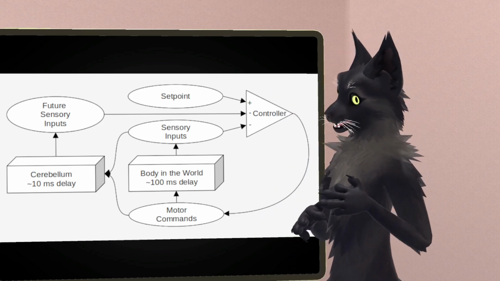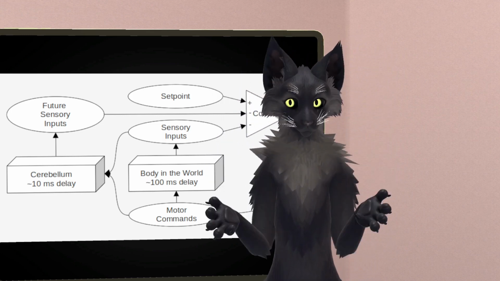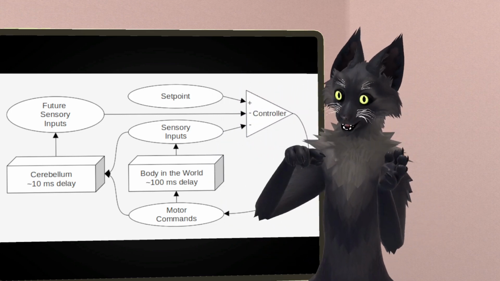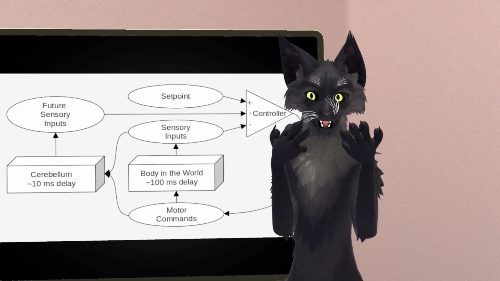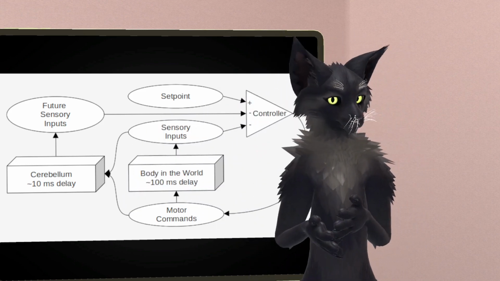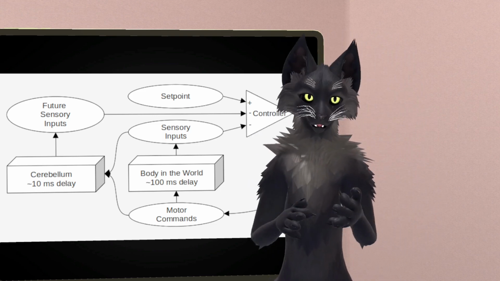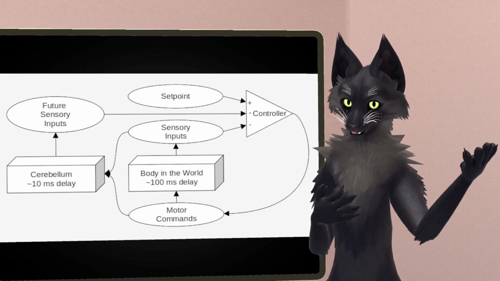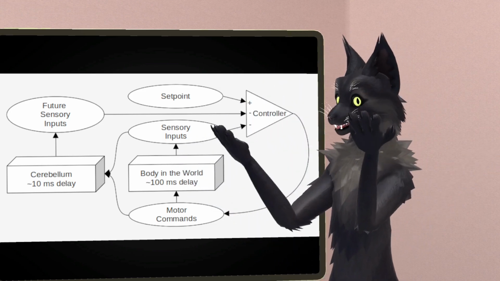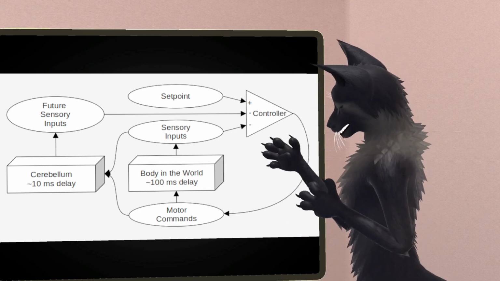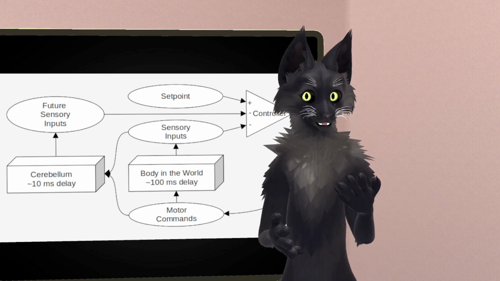Another interesting thing about the forward internal model hypothesis of the cerebellum is that it's very easy to understand how the cerebellum can learn this internal model in the first place. The cerebellum learns as long as you're awake. It's receiving a steady stream of sensory and motor inputs to base its predictions off of, and there is a supervisor in the cerebellum which checks all of the predictions that the cerebellum makes.